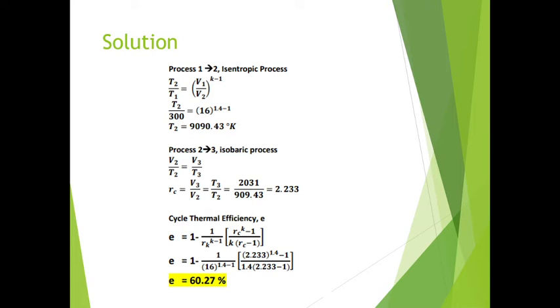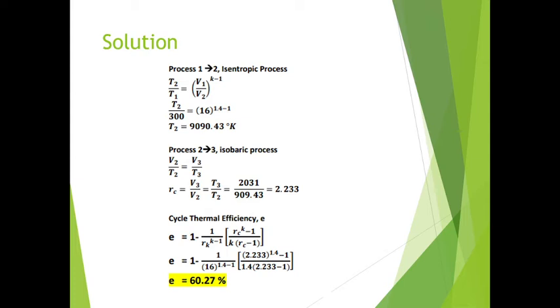So first, we have to solve for the temperature at point 2. So temperature at point 2, given that the initial temperature is 300 Kelvin, and then the compression ratio, which is 16, and then the constant of 1.4 for air standard.